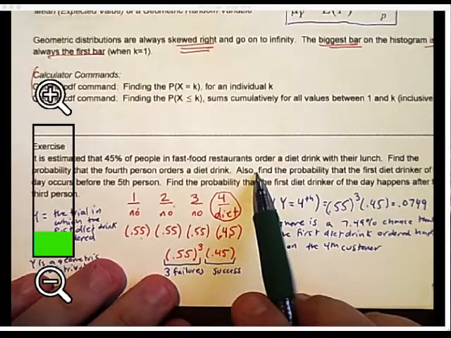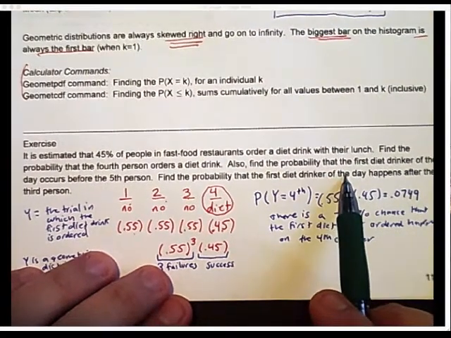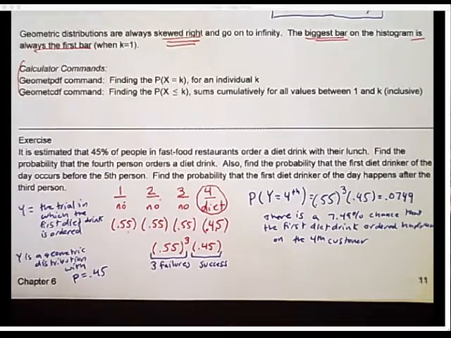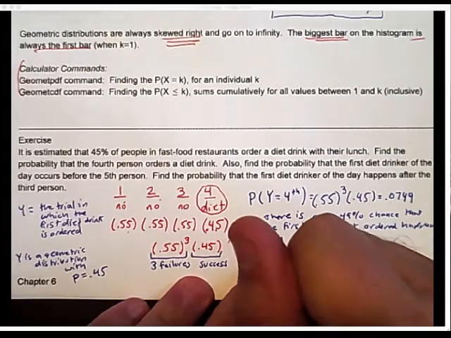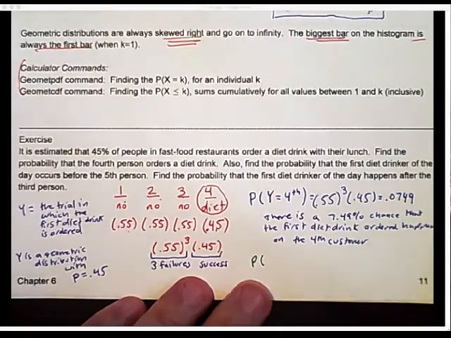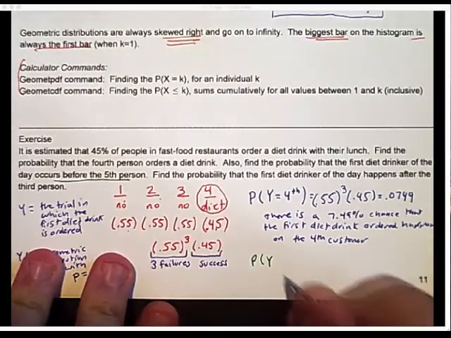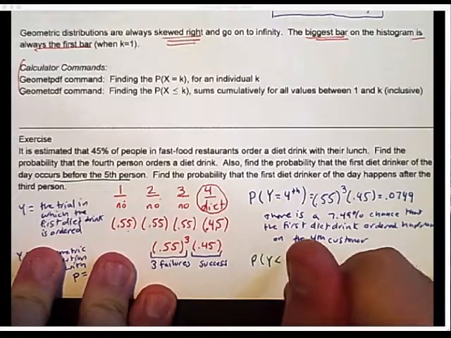It says also, find the probability that the first diet drinker of the day occurs before the 5th person. All right, so what does that mean? Before the 5th person. So for the second part of this question, before the 5th means y is less than the 5th.